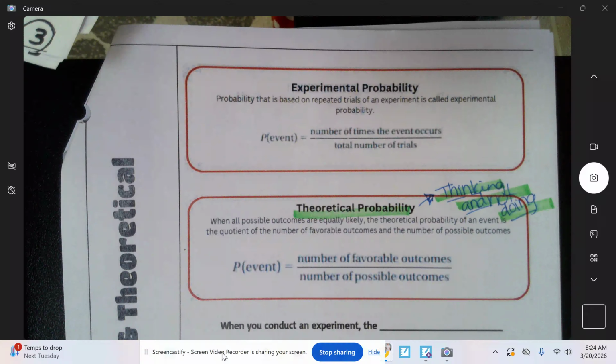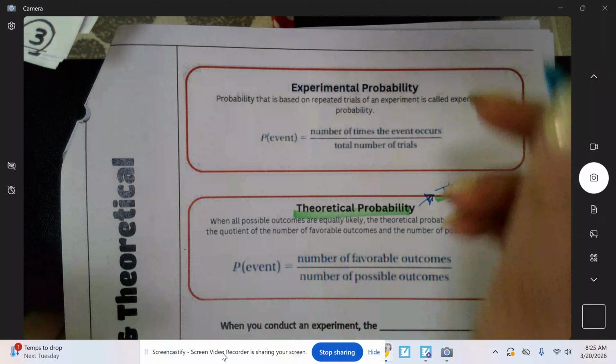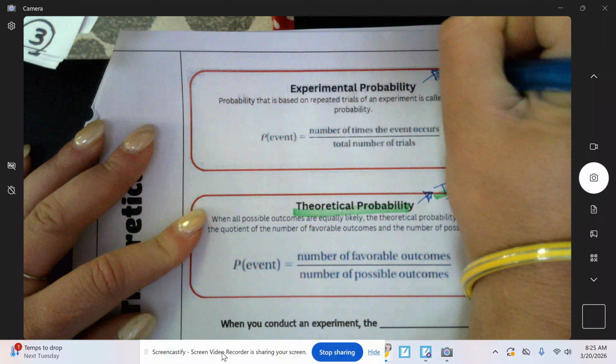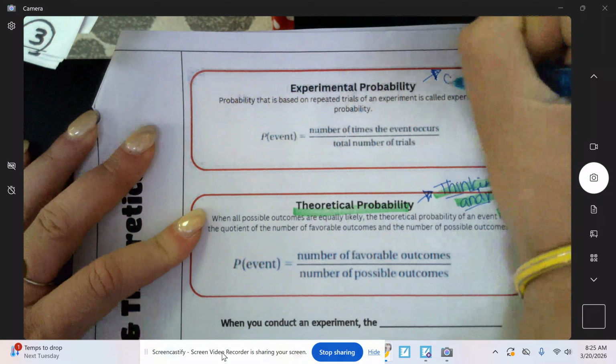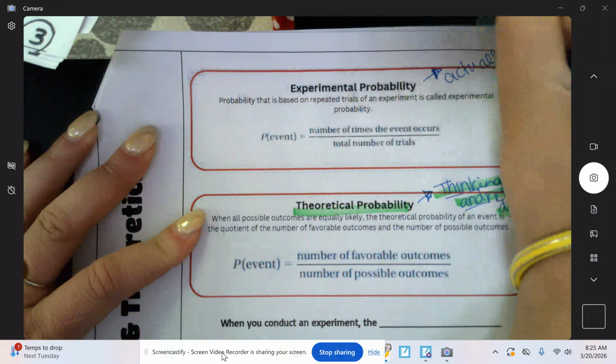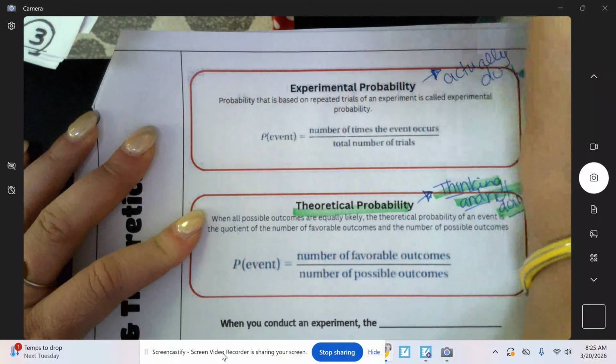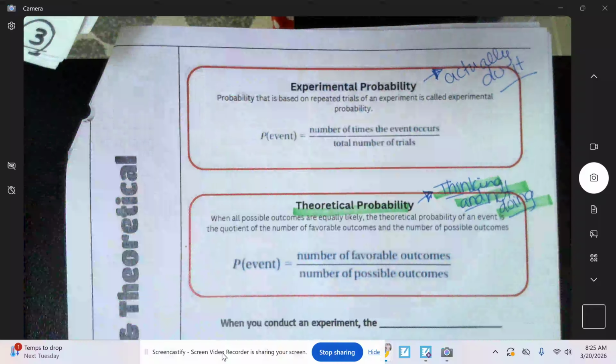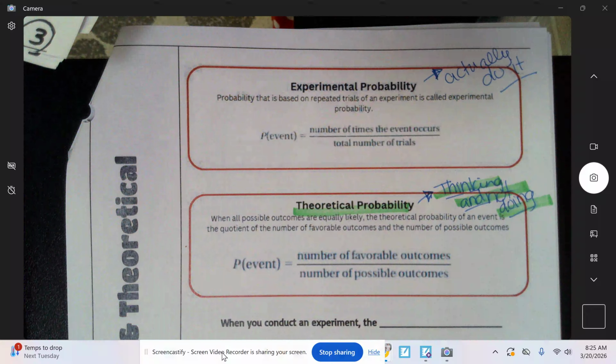Experimental probability is the opposite. Can you conduct an experiment? Can you carry out an experiment? Yes. Experimental probability is when we actually do it, whatever they're talking about. If it's talking about rolling a die, they're actually going to roll the die.